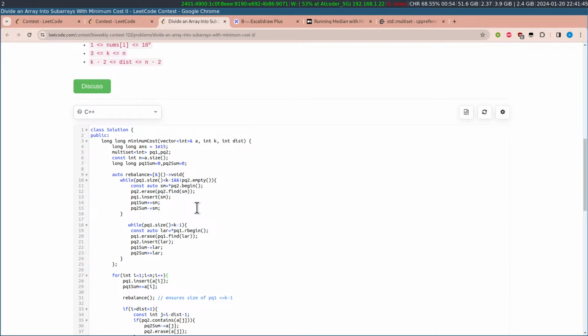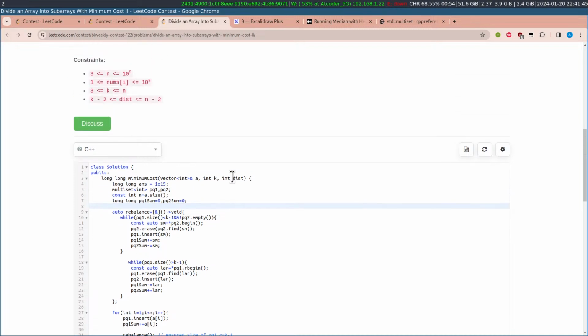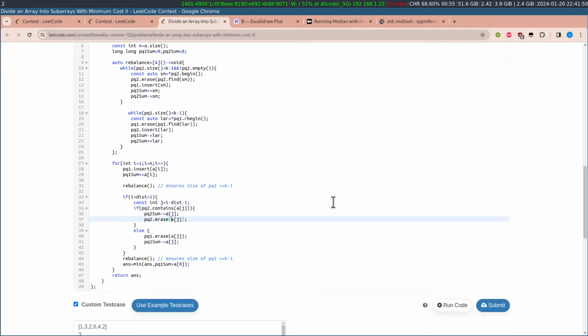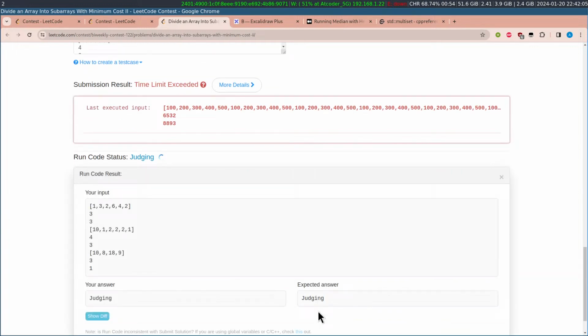Can anyone catch some bug over here? Okay, yeah. Deleting with multi-set has always been tricky.